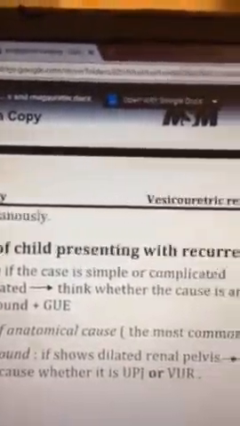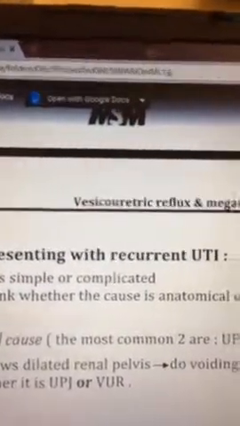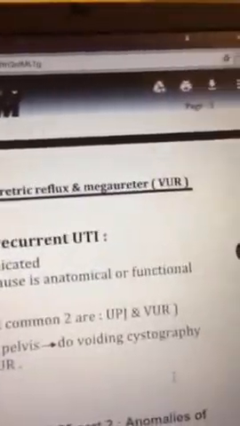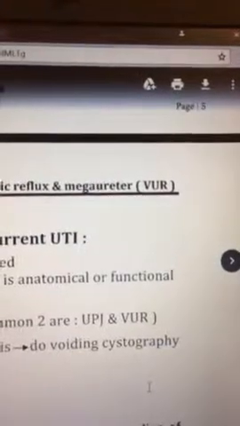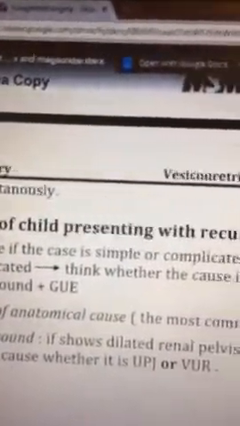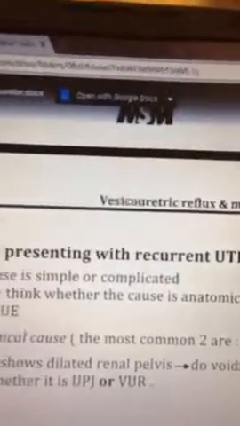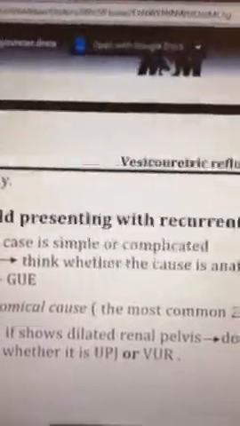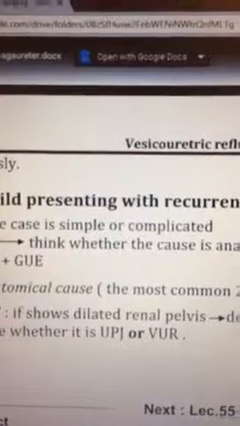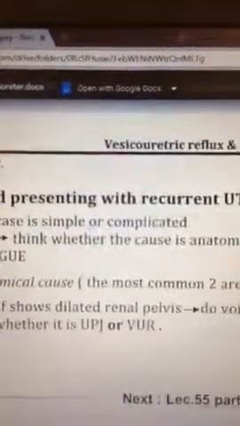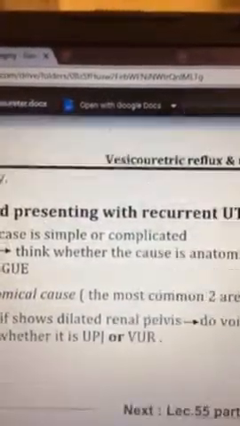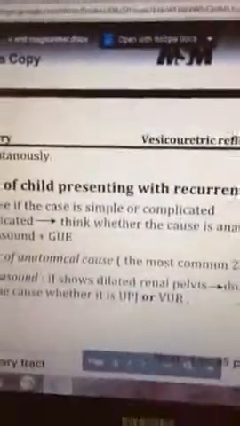In ultrasound, if it shows a dilated renal pelvis, do voiding cystography to see the cause, whether it is UPJ obstruction or VUR. UPJ is ureteropelvic junction, and VUR is vesicoureteric reflux. That's it. Thanks.